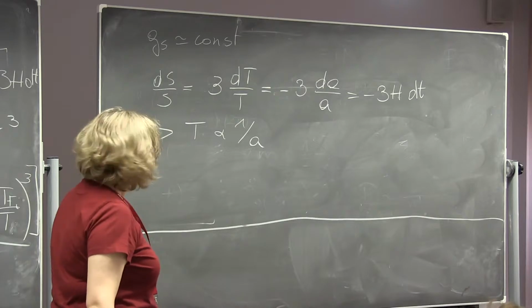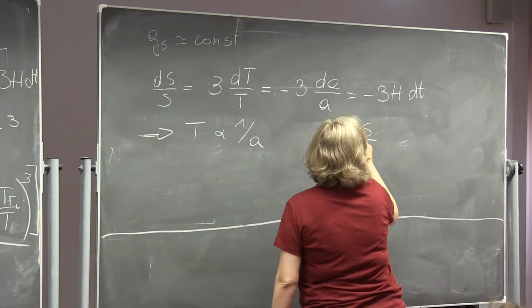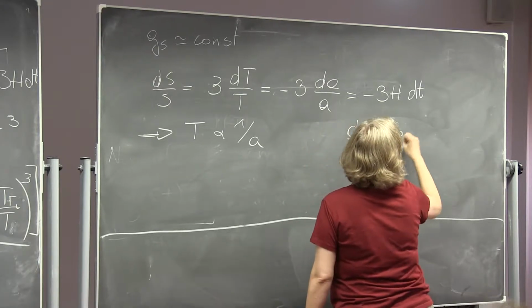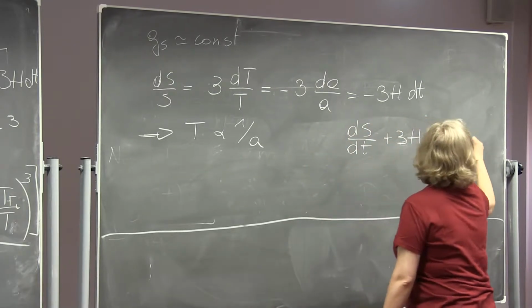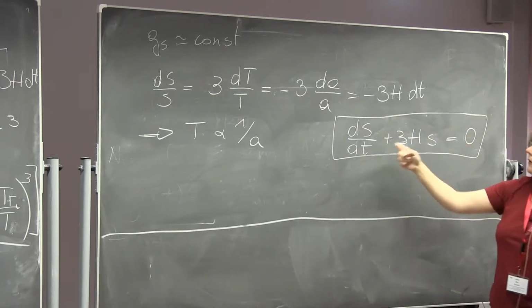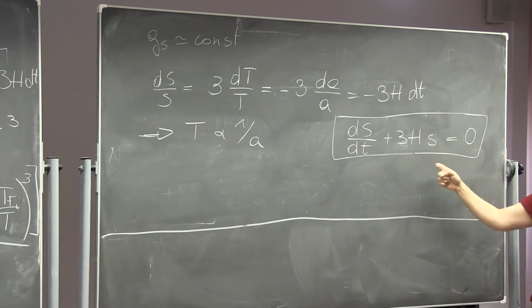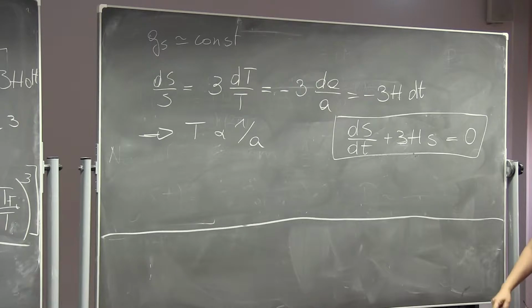Or, if you want, the entropy density satisfies this relation. This one we will use later on. So it's diluted. This is exactly the dilution factor which we met also in the continuity equation, if you remember, for the case of pure non-relativistic matter with no pressure, and this was exactly the dilution by the volume.